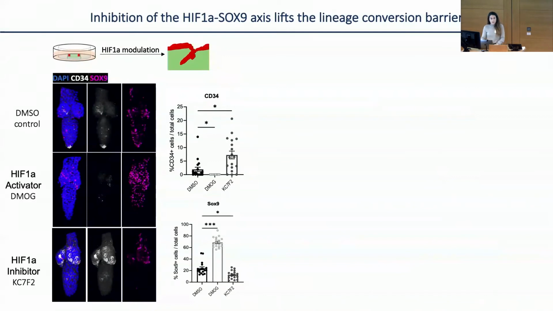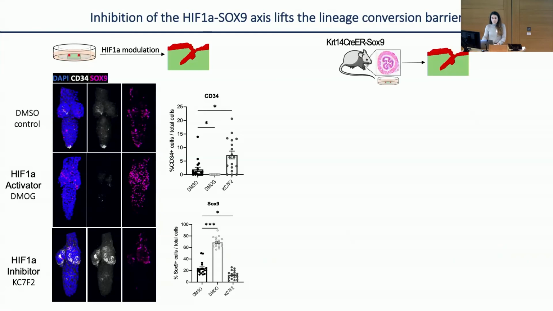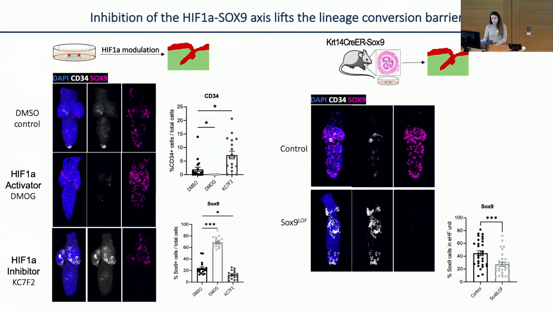We then asked whether SOX9 by itself could have an effect on the lineage conversion phenotype. And for that, we used an animal model where we can conditionally delete SOX9 in epithelial cells and then analyze the resulting esophageal-derived hair follicles. We first confirmed that indeed in the SOX9 loss of function hair follicle, there was a reduction in SOX9 expression.